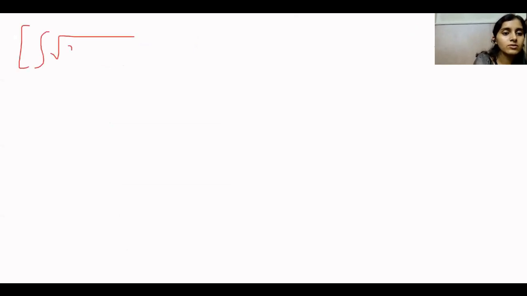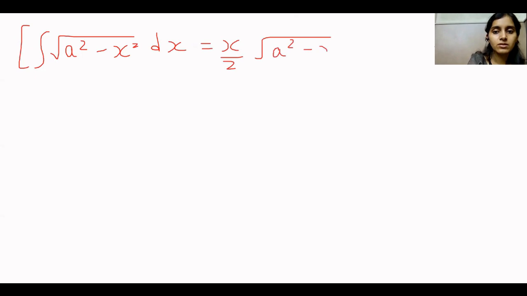Integral root of a square minus x square dx is equal to x upon 2 root of a square minus x square plus a square upon 2 sine inverse x upon a, plus c.